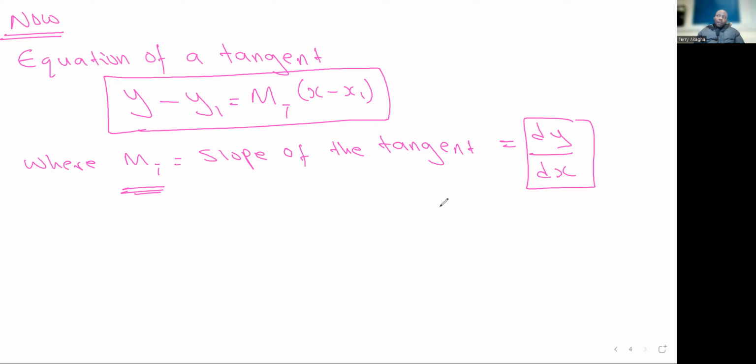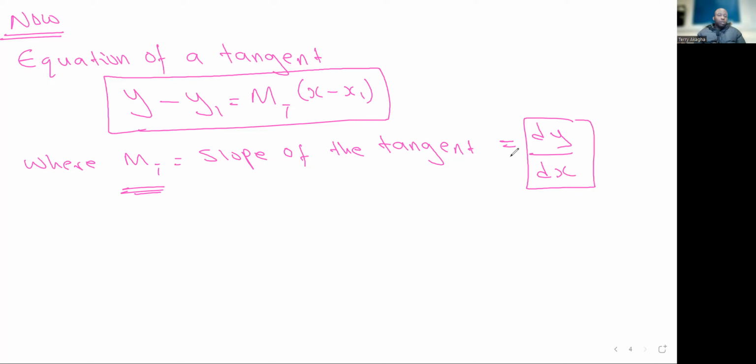When you're asked to find the equation of a tangent, they want you to write it in this form and then simplify. If they're asking you to find the slope of the tangent, that is basically finding the first derivative of the function.